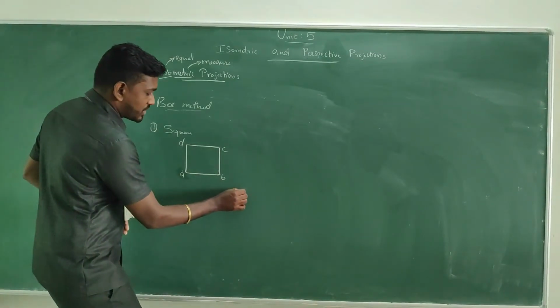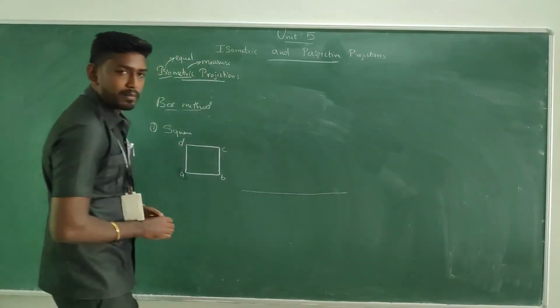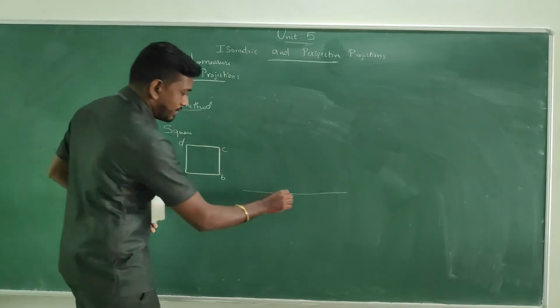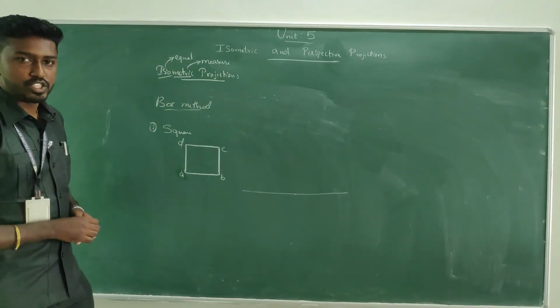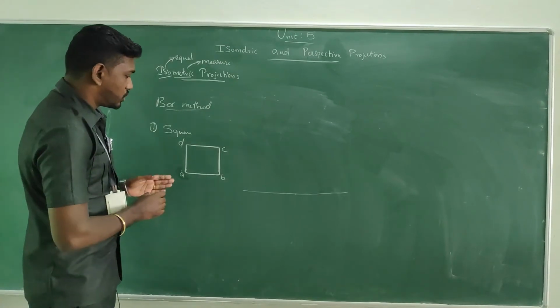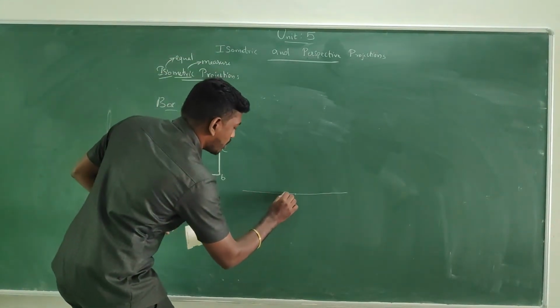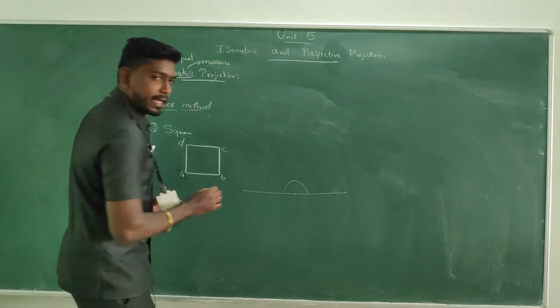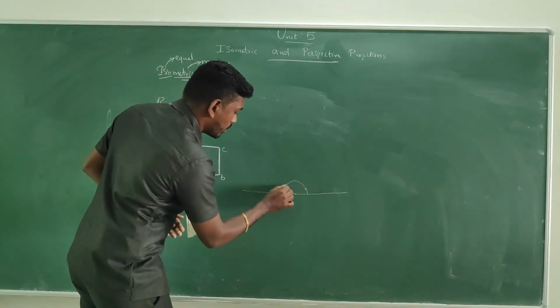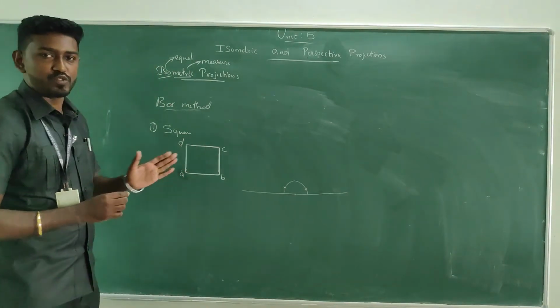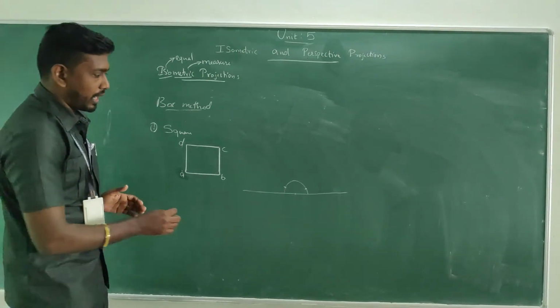For that, first take a horizontal line and take a center. Afterwards, keep your protractor in such a manner and take 30° on both sides, on the left as well as on the right.